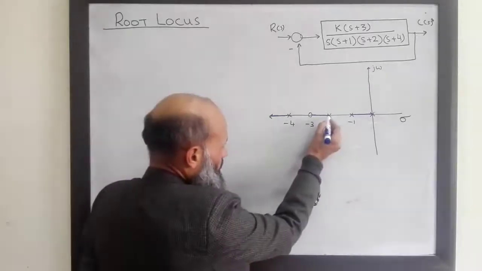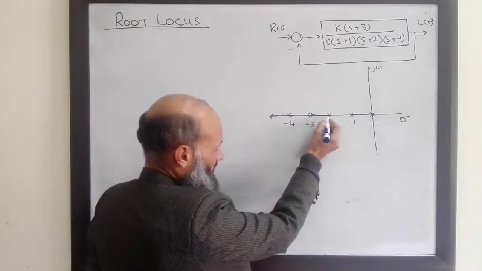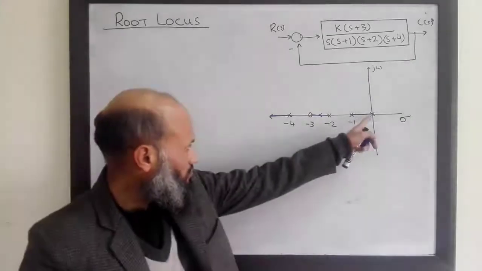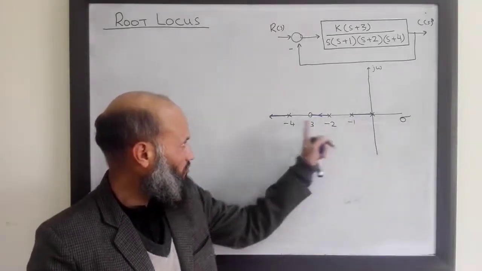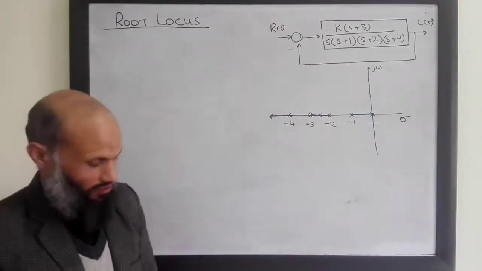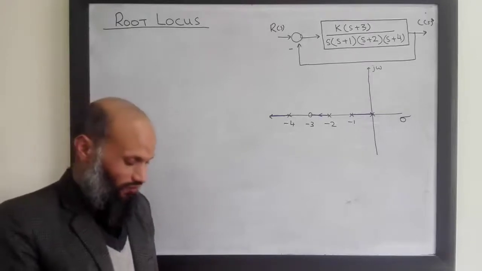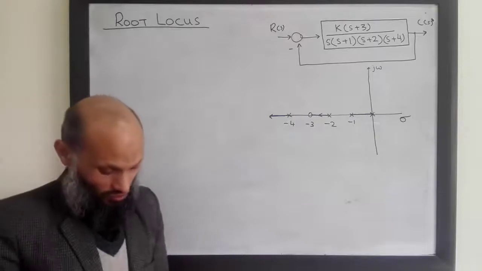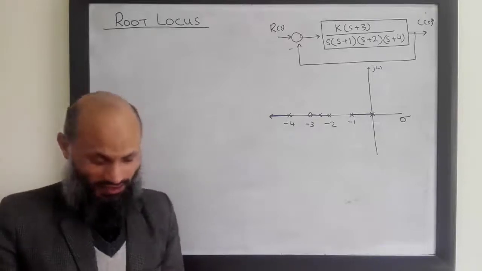So the part of the root locus which has started from this pole will end at this 0, and the root locus which started from these poles will reach infinity, following some asymptotic lines. So these asymptotic lines can also be drawn.